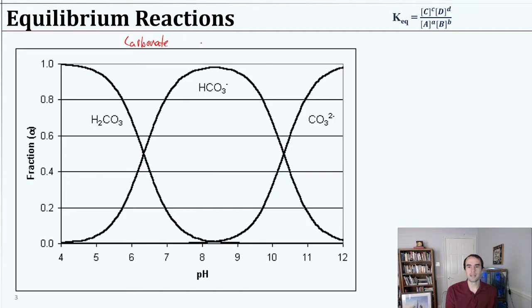Carbonate meaning really anything with CO3 in it, so CO3 with maybe something in front. Any of that is the carbonate system. This is what we would call carbonic acid over here, H2CO3. This is bicarbonate. And CO3 2 minus is carbonate.